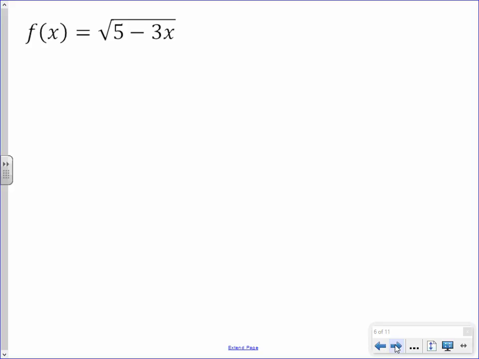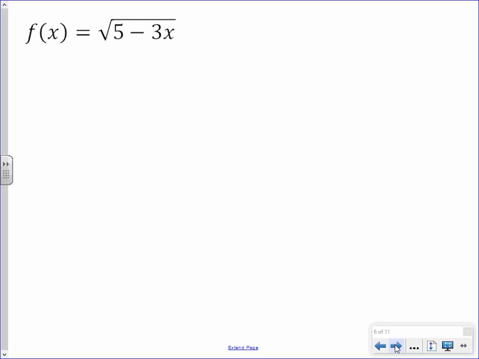Is this a composition function? In order to be able to use the chain rule, you need to recognize if we have a composition or not. Is this a composition? We have 5 minus 3x inside of our square root. Do you agree?